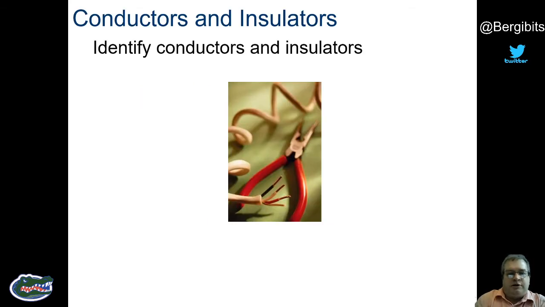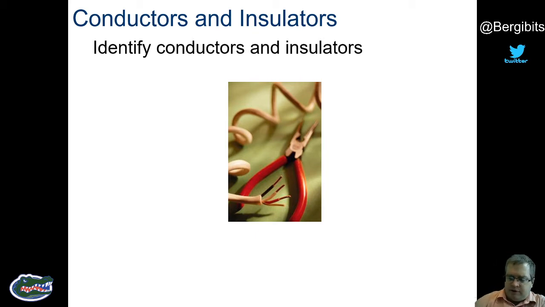All right, so conductors and insulators. Identify conductors and insulators. Anything that does not conduct electricity is going to be the highest resistance. You're not going to want to have an insulator that allows any amount of conductive properties whatsoever.